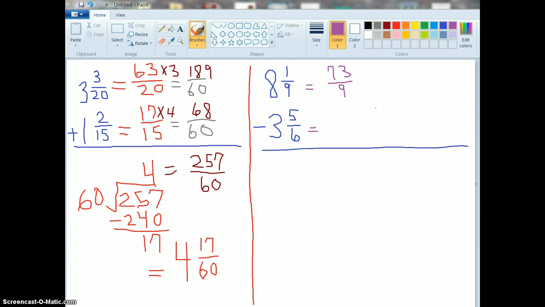And the second one we have 23 over 6. Now we can find our least common denominator. So among 9 and 6, the least common denominator would be 18. So we have 18 as our common denominator.